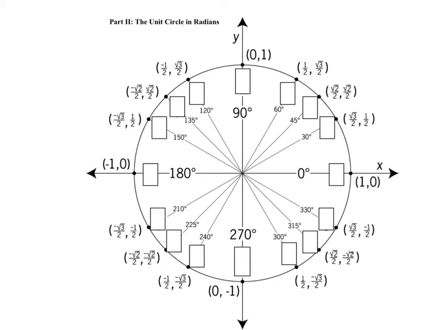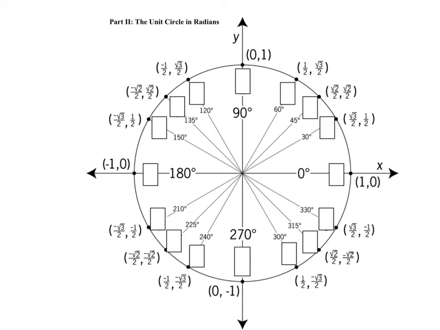The unit circle is a circle whose radius is 1, which is how we get the points (1, 0), (0, 1), (-1, 0), (0, -1), and the other coordinates came from 30-60-90 triangles and 45-45-90 triangles. But you do want to memorize these coordinates so you don't have to solve special right triangles every time you want to evaluate a trig function.